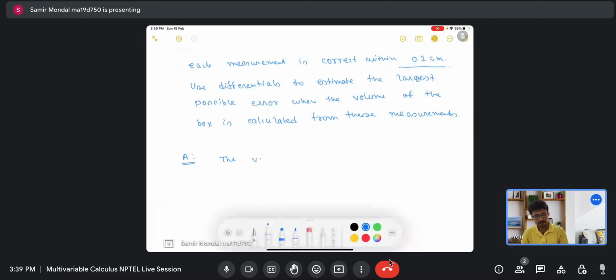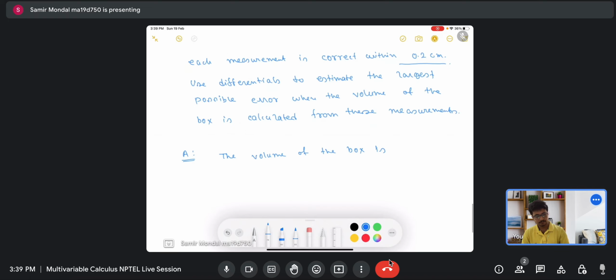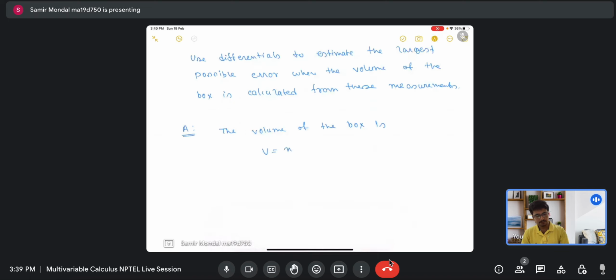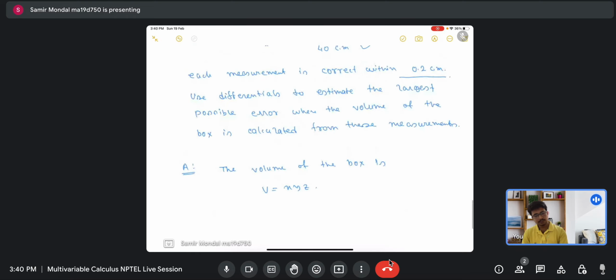The volume of the box is V equal to xyz. So you have to use the differentiability of a three variable function.